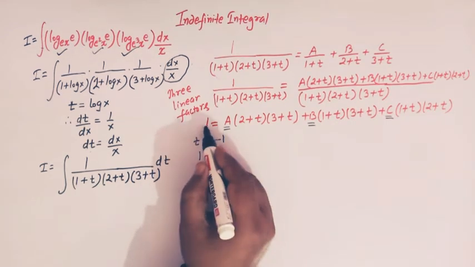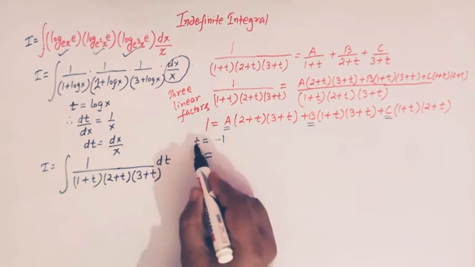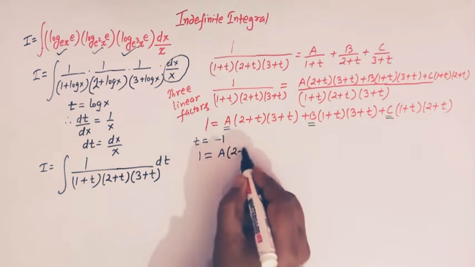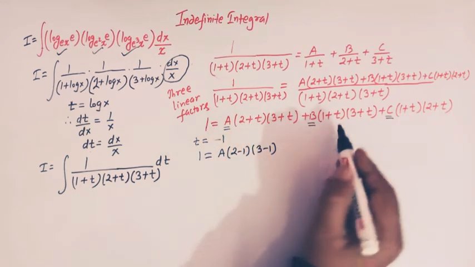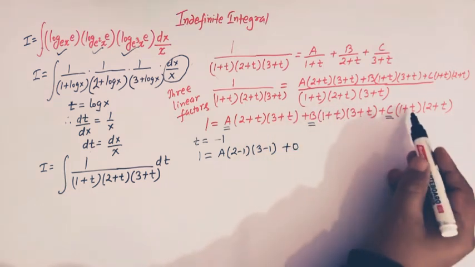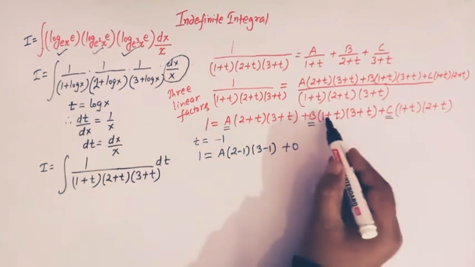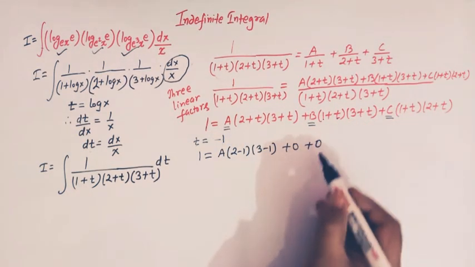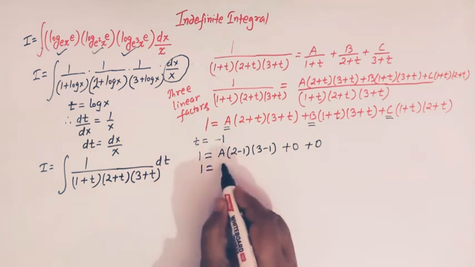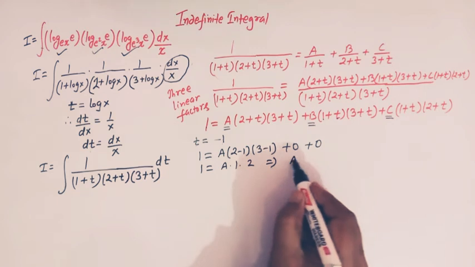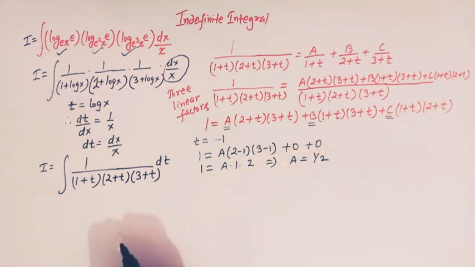So here we have 1, and when we take t is equal to minus 1, here we have a times 2 minus 1, then we have 3 minus 1, and this term becomes 0 because this is 1 plus t, and t is minus 1, so 1 minus 1 is 0. Here also this term becomes 0, and now we have 1 is equal to a times 1 times 2, and a is equal to half, right?